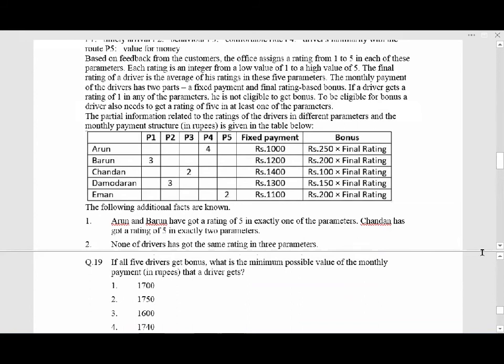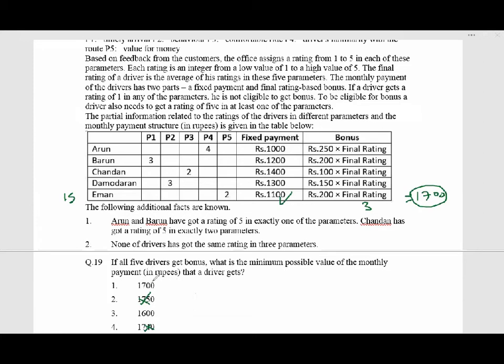So as you can see, minimum value of payment. For Iman, we have given minimum total as 15. With this 15, how much will Iman earn? 1100. Iman's average was coming as 3. So Iman's total is 1700. So 1700 total earning is possible. So obviously these two can never be the answer. If somebody can get 1600, he will be the one. Else, Iman with 1700 is the answer.